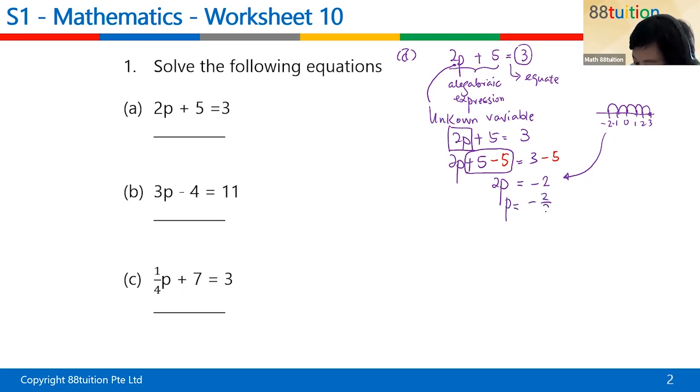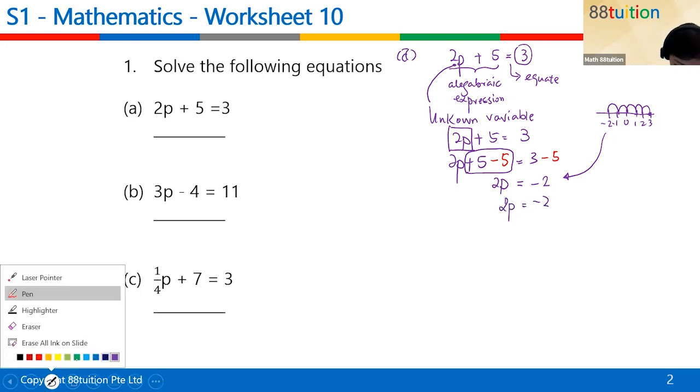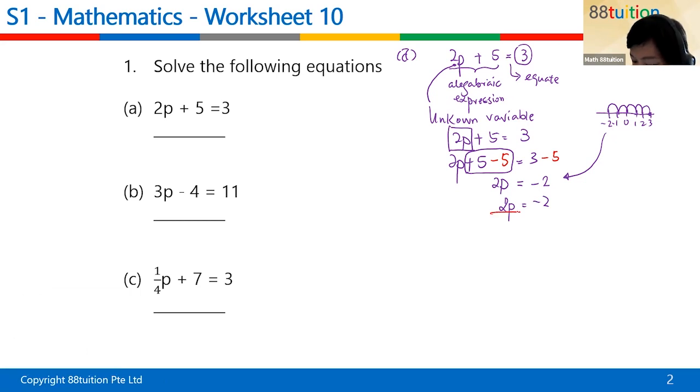To find a single p, I have to divide this by 2. I do it in another color for you to see. For you to have a p, what I need to do is divide. I'm going to talk a little bit more so that when I come to the next one, I repeat the same steps. So you see what happened here is I have a divide by 2, divide by 2.